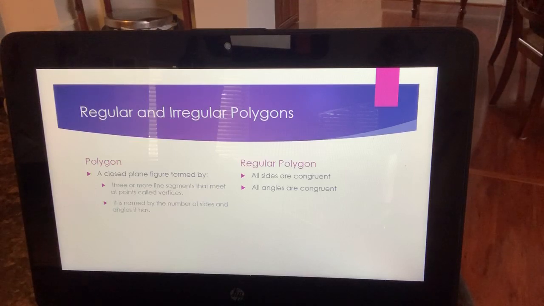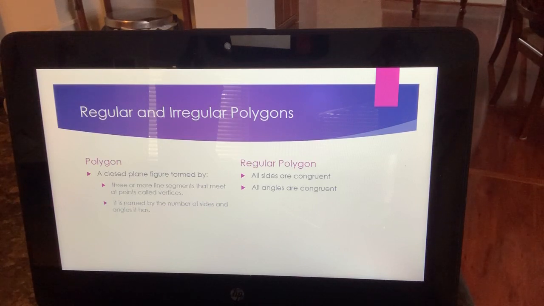Okay, again, the definition of a polygon. A closed plane figure. It has to be closed, like a triangle. It doesn't matter what it looks like, but it does have to be closed. And it has to have 3 or more line segments. That's why the smallest polygons are triangles, because they have 3 lines. They have to meet at each little point.